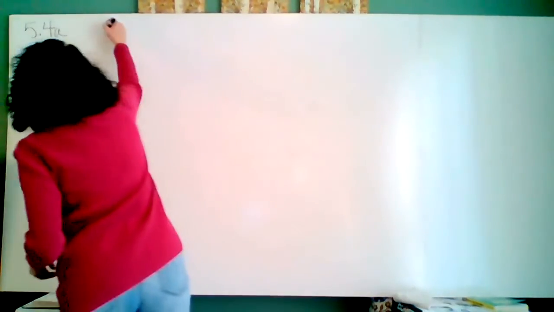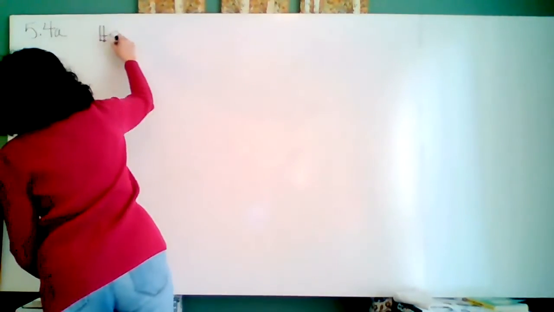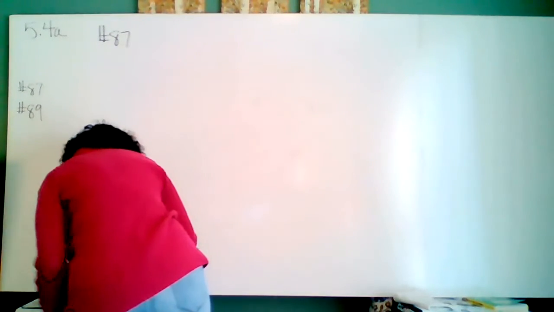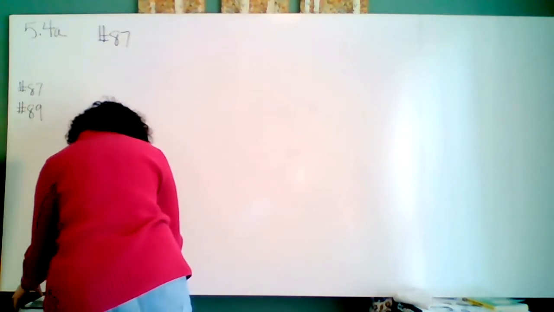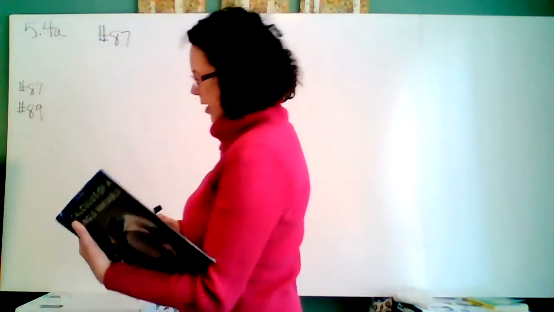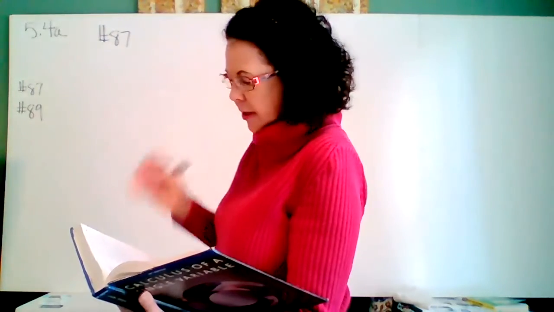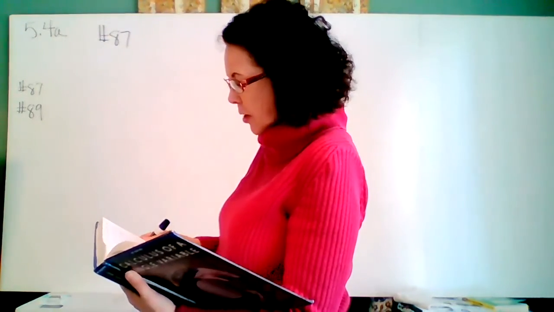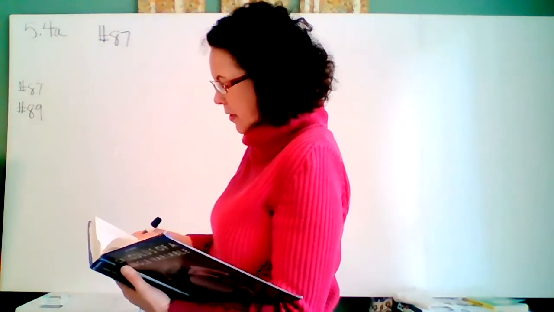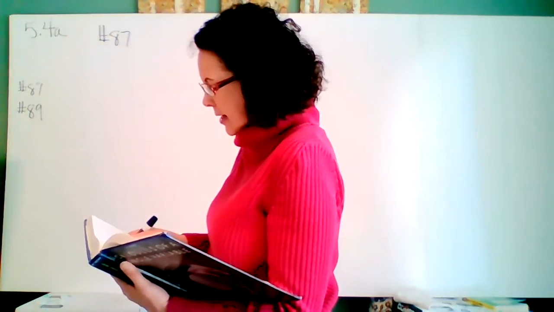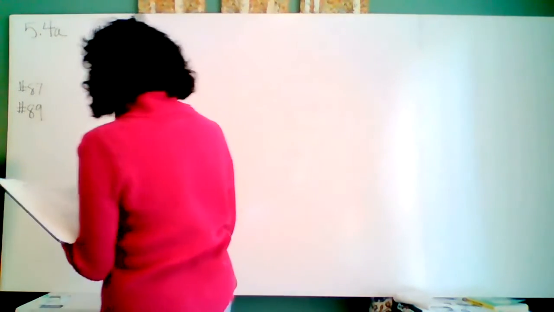Okay, on number 87, it says, find the area of the largest rectangle that can be inscribed under the curve y equals e to the negative x squared in the first and second quadrant.